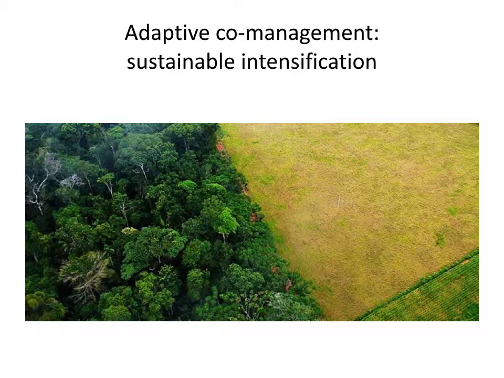I love this picture because it demonstrates what the prevailing discourse tends to be regarding the deforestation of the Amazon. Essentially, on the left side, you have command and control, a park reserve type of situation, and on the right side, you have cleared land. On the top part is a pasture, and on the bottom right is a soy field.